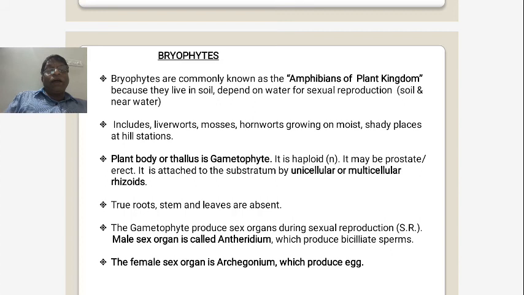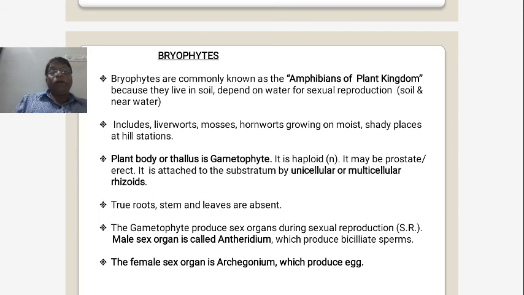Within the venter, the egg or the ovum is present. So now let us make a brief account. During sexual reproduction, sex organs are formed. Male is called antheridium, female is called archegonium.